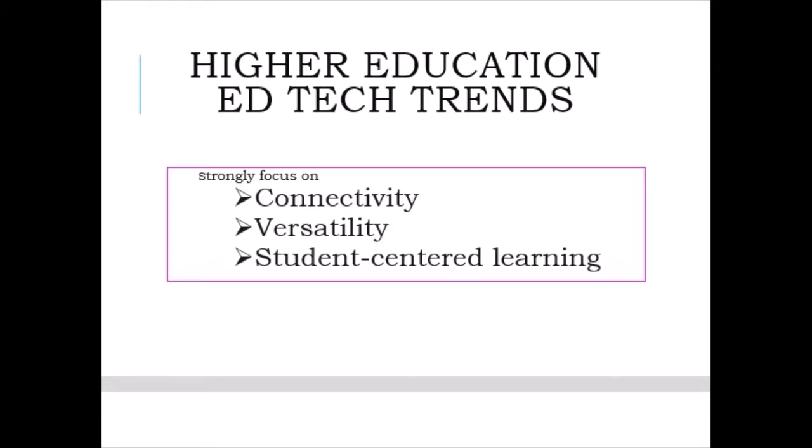The technologies also focus on versatility. It means that we can adapt them to our students' needs and to our teaching and learning needs and wants. Most of the time, it gives students the opportunity to learn on their own, at their own pace, whenever they want, and it's always available to them.